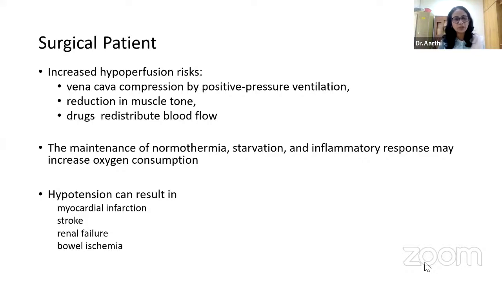Surgical patients are at high risk for hemodynamic instability because of increased risk of hypoperfusion, secondary to vena cava compression due to positive pressure ventilation, and reduction in muscle tone causing redistribution of blood flow secondary to drugs used during anesthesia, and also the compensatory mechanism to maintain normothermia, to compensate for starvation, and secondary to inflammatory response causing an increase in oxygen consumption at the outset of decreased delivery. These situations put the patient in a very high-risk position, leading to circulatory disturbance.